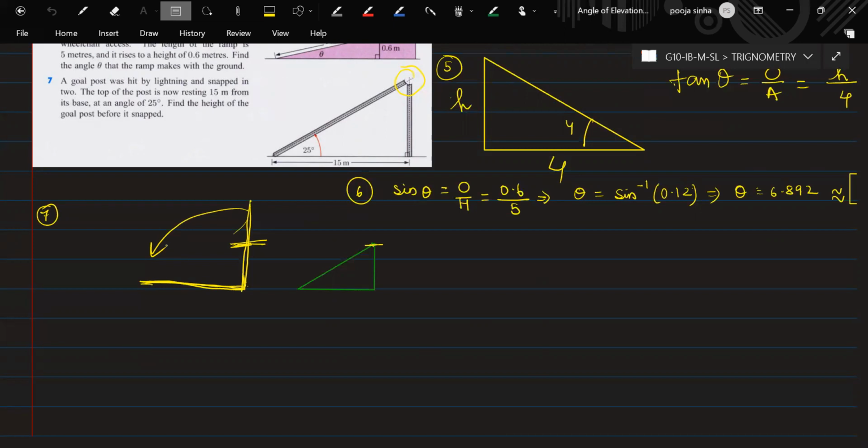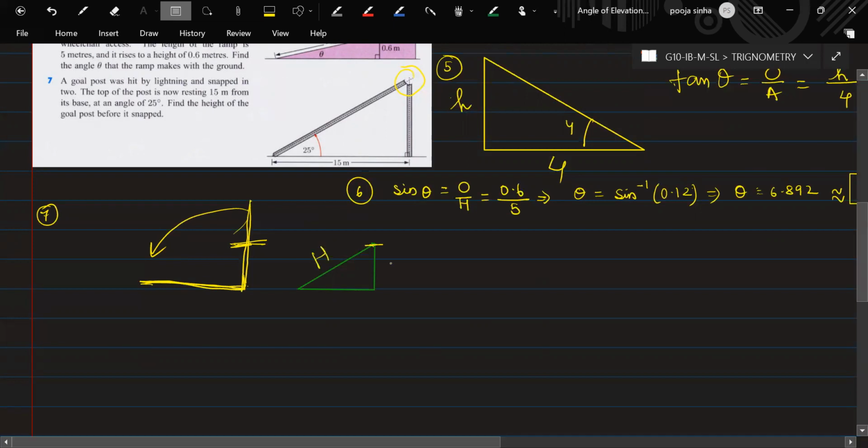Absolutely. Very good. So if I call this the hypotenuse and this h, the full goalpost, this whole thing will be h plus h. That will be the entire height, isn't it?